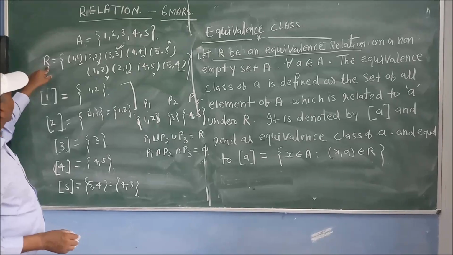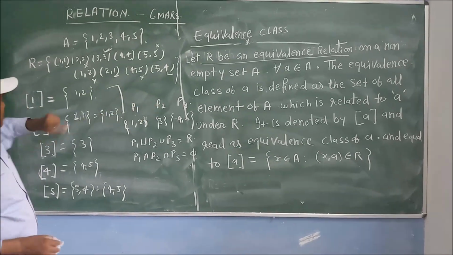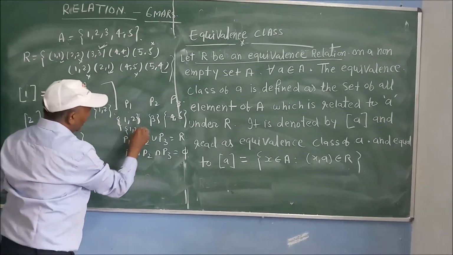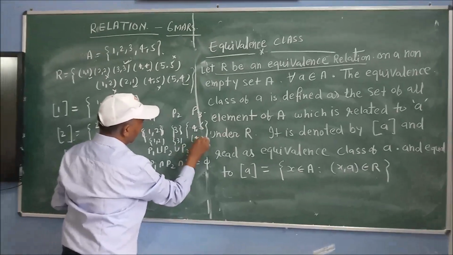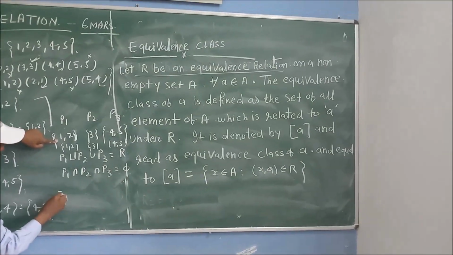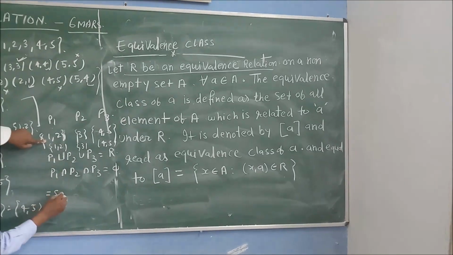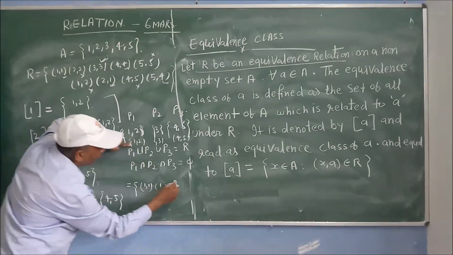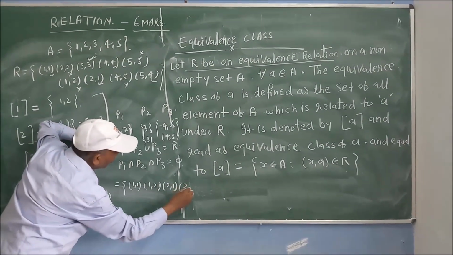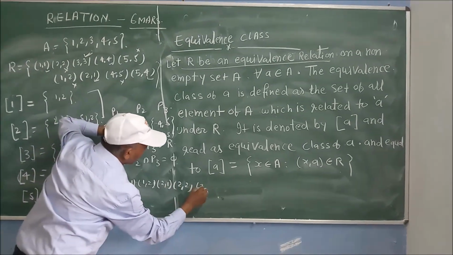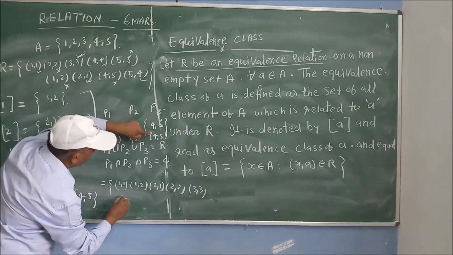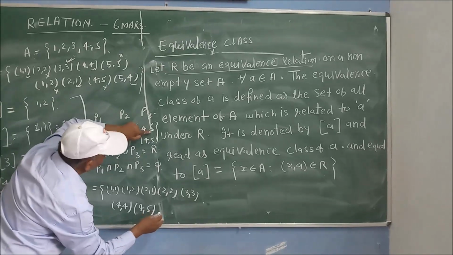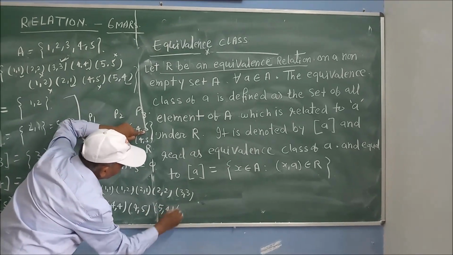But if from this partition of set we want to get the equivalence relation, we can write here 1,2 and multiply, also write 3, and similarly write 4,5. If these elements are related with each other, here will be 1,1 and 1,2, and here will be 2,1 and 2,2, and here is your 3,3, and here is your 4,4 and 4,5, and this is your 5,4 and 5,5.